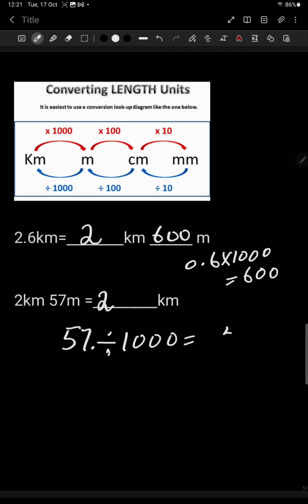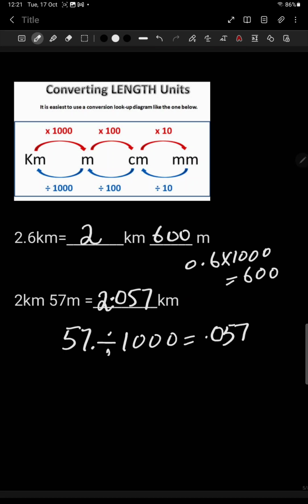While we are moving back 3 places, 2 places are over here already. 57, one place we will put a 0 over here. So 0.057. So our number will be 2.057 kilometer, because we are moving back.